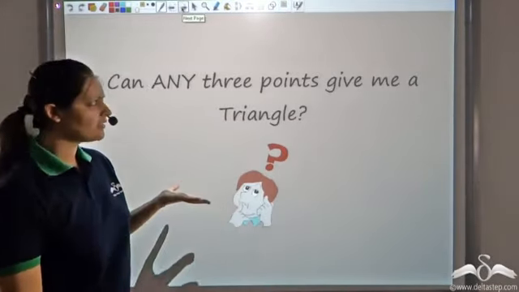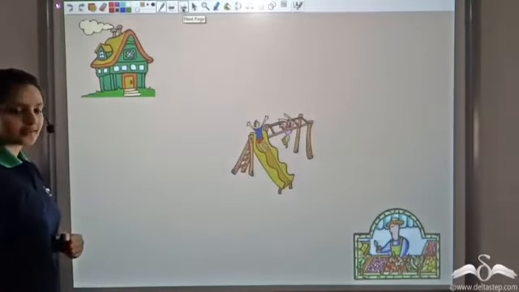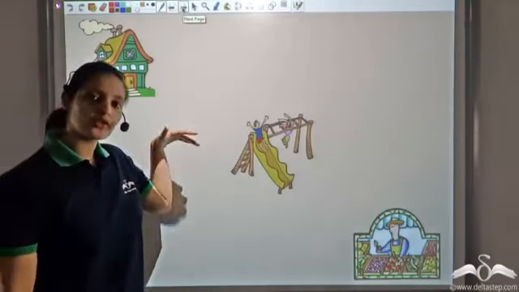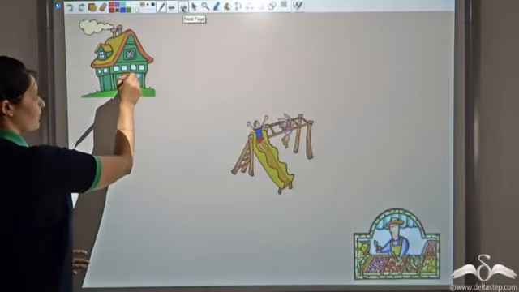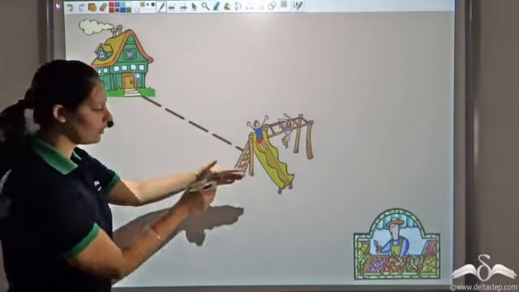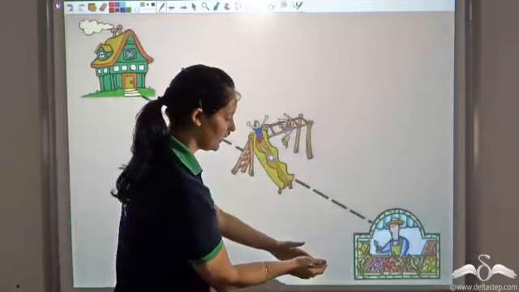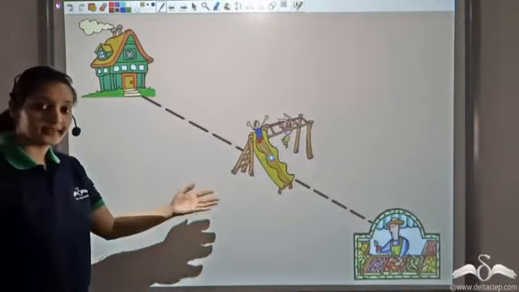So we've seen that 3 points give us a triangle. But can these be any 3 points? Let's look at this. What if the playground is on the way to the market only? Now let's again try to see. If you go from your house to the playground, and then from the playground to the market, you buy vegetables and come back to the house, do you get a triangle?